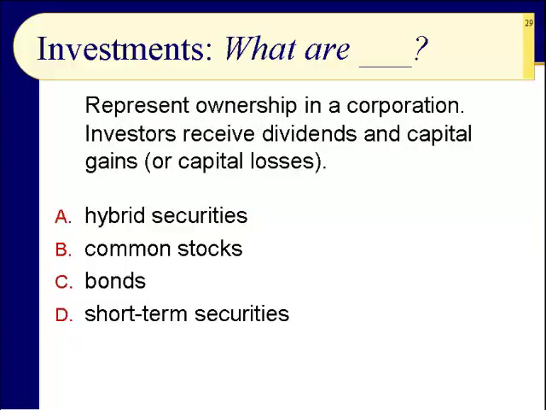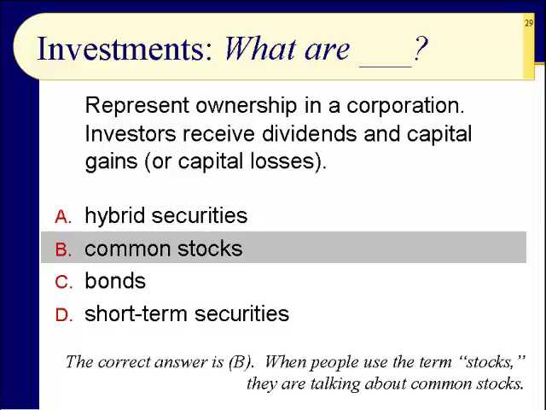What are investments that represent ownership in a corporation? Investors receive dividends optionally and capital gains optionally, or they might receive capital losses. Are they hybrid securities, common stocks, bonds, or short-term securities? Right. Ownership, those are common stocks.